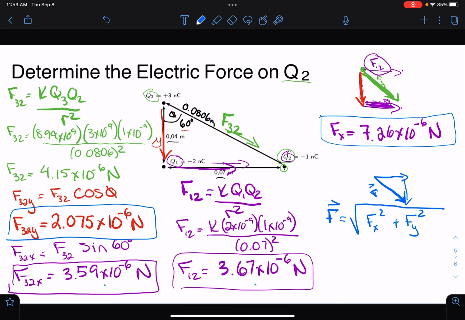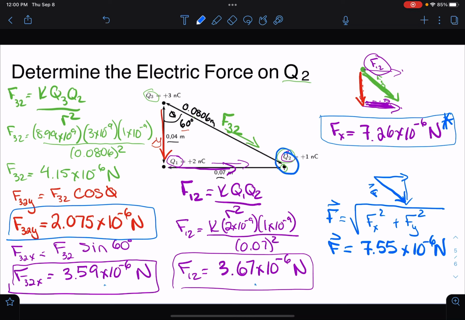Again, I'm using this number here in my x direction because that is both x's combined together. Please be careful of your parentheses when typing this into your calculator. If you do it correctly, we get 7.55 times 10 to the negative 6 newtons for our total force on Q2.